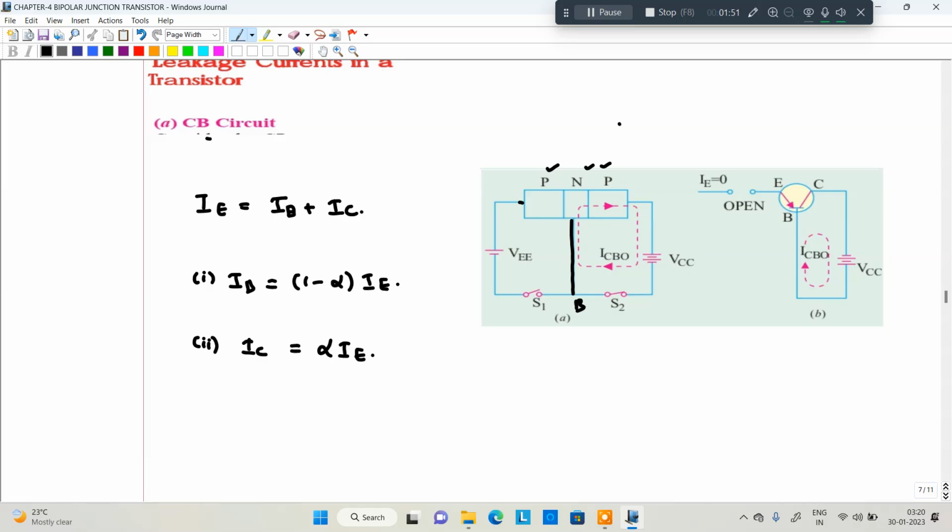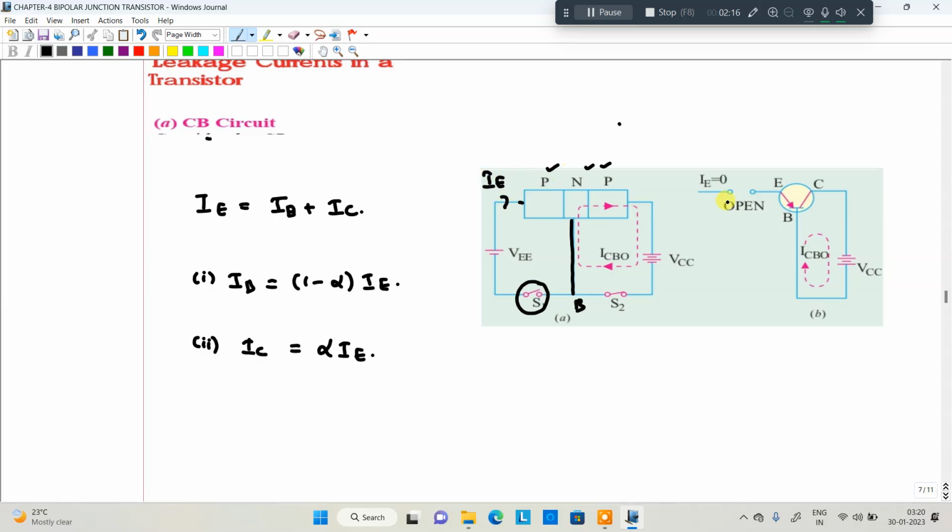Now what I am doing is, to identify the leakage current, I disconnect the switch on the input side. In the case of common base configuration, what is the input current? We are giving the emitter current IE.